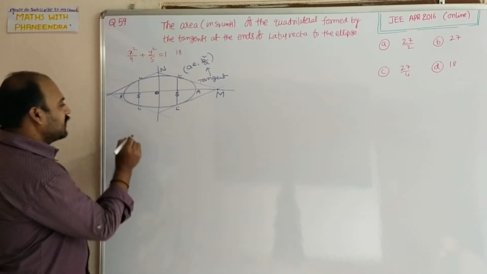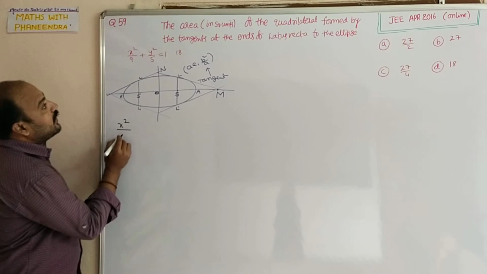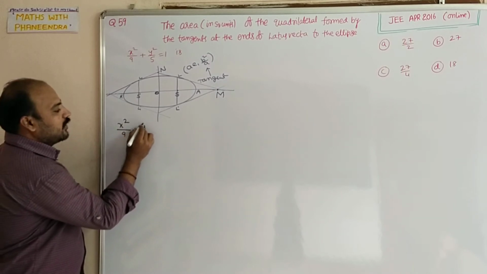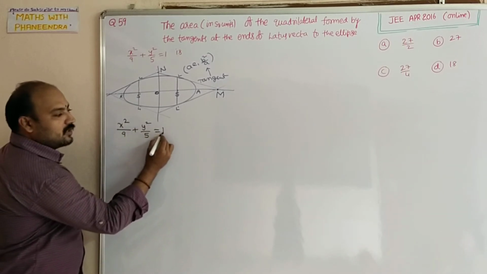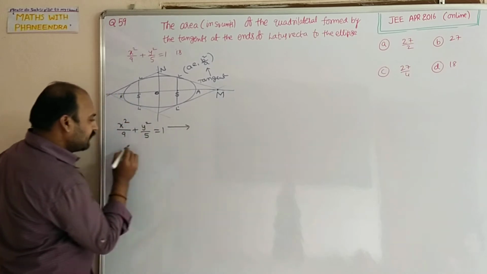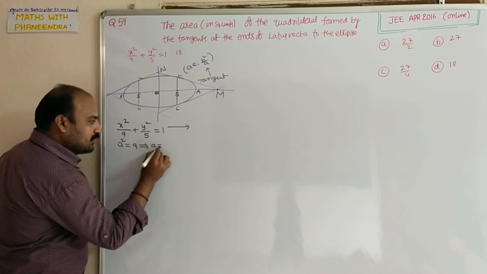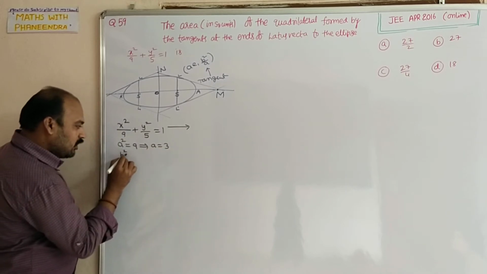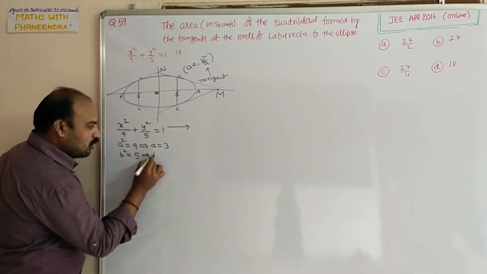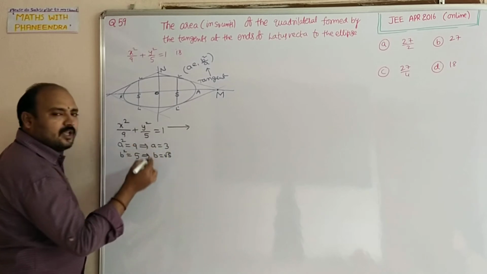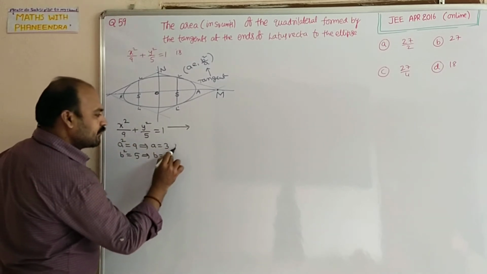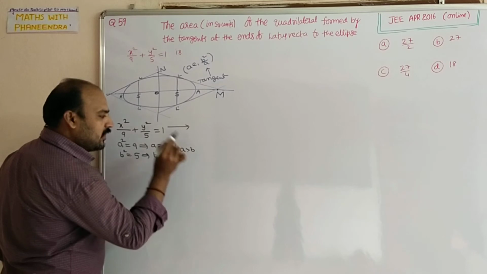So given equation is x square by 9 plus y square by 5 equal to 1. For this equation, a square equal to 9, that implies a is equal to 3. b square equal to 5 and b is equal to root 5. Clearly a is greater than b.